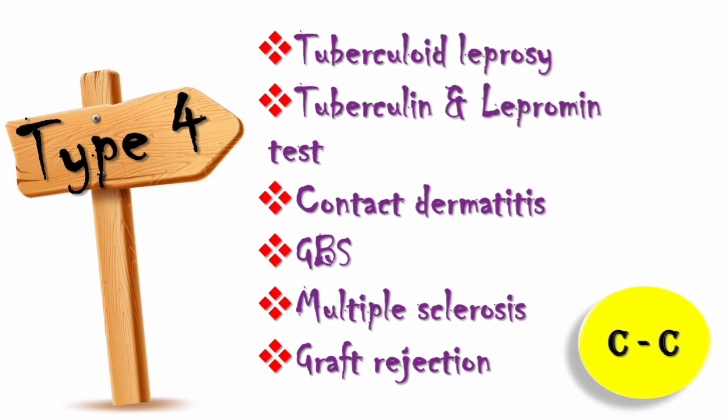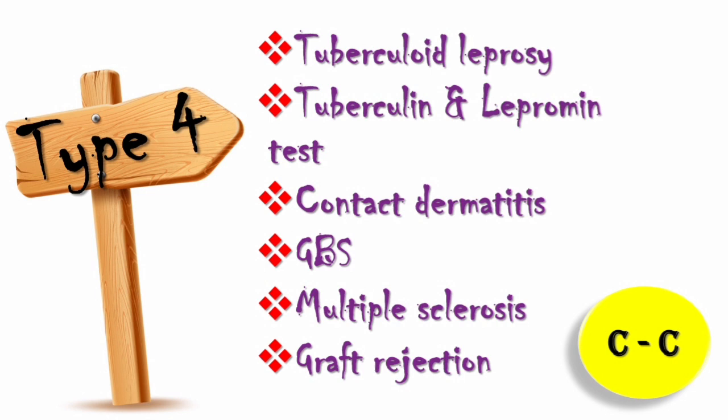As we already know, the examples for type 4 hypersensitivity reactions are mainly TB related things: tuberculoid leprosy, tuberculin and lepromin test, contact dermatitis, GBS, which means Guillain-Barré syndrome. GPS is type 2 and GBS is type 4. Multiple sclerosis and graft rejection. Mainly graft rejection comes under type 4, but hyperacute graft rejection comes under type 2.